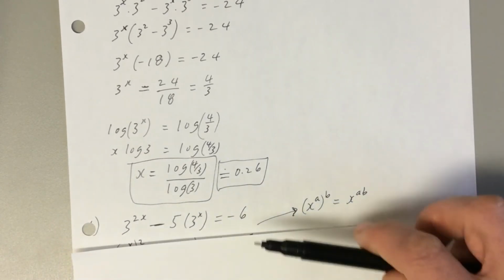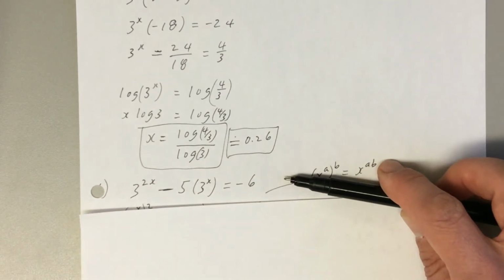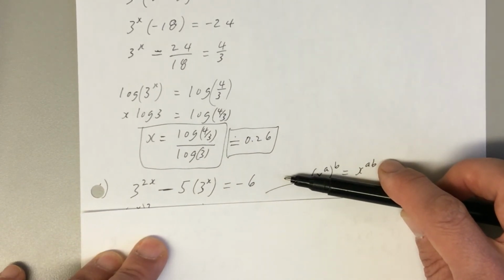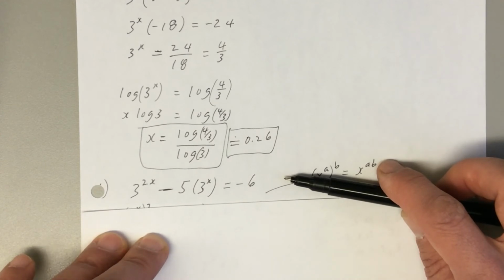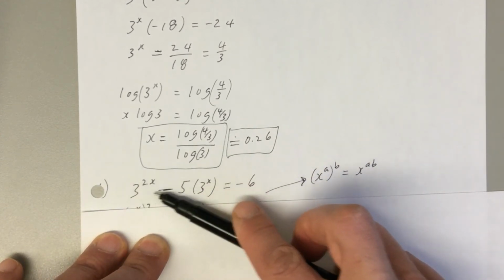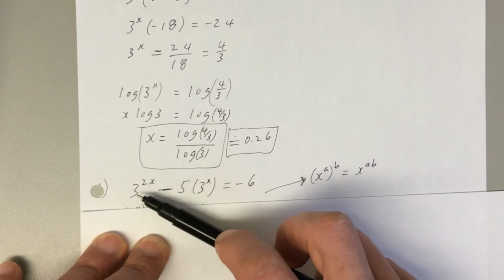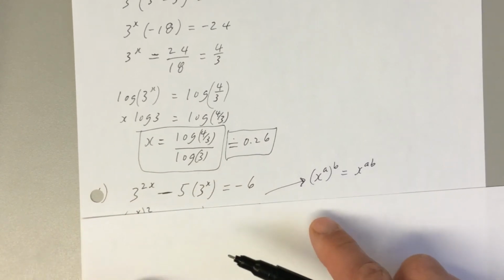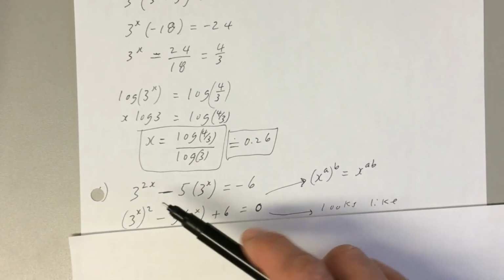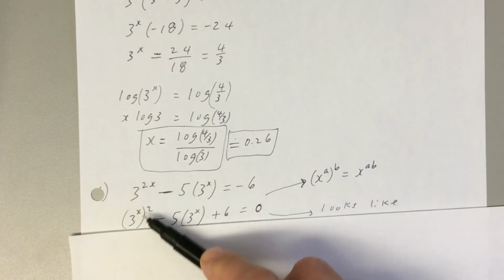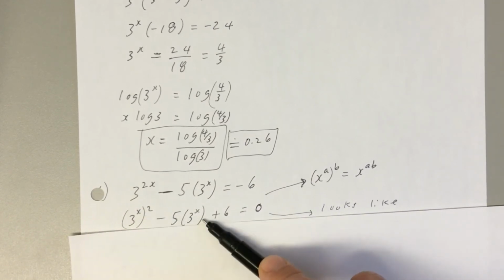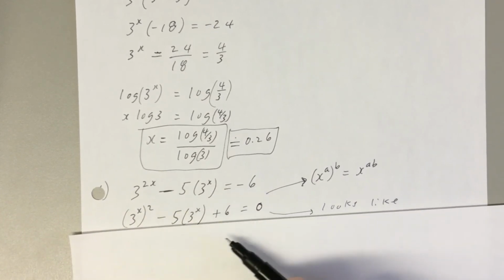What about this one? 3 to the 2x minus 5 times 3 to the x plus 6 equals 0. If we want to take out a 3 to the x here, we have to turn this into multiplying. Power of a power: 3 to the 2x is 3 to the x, all squared.